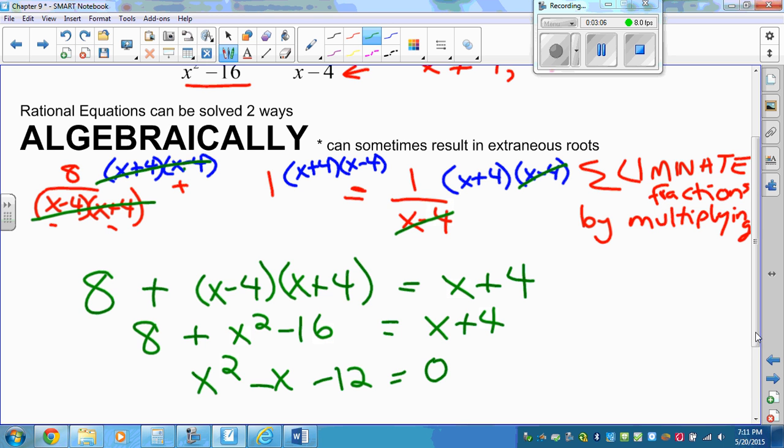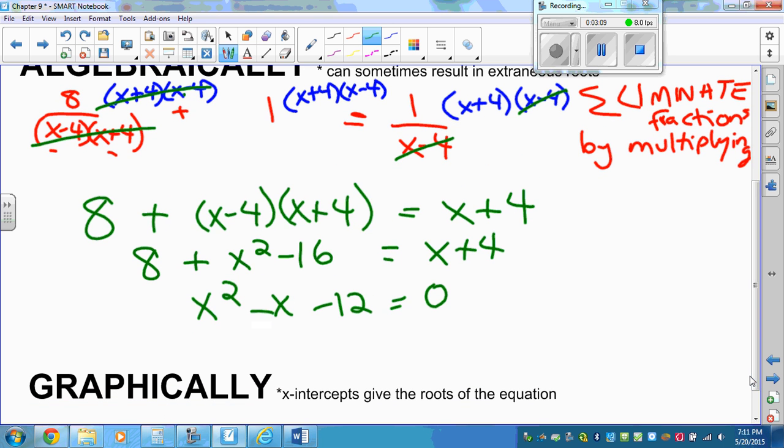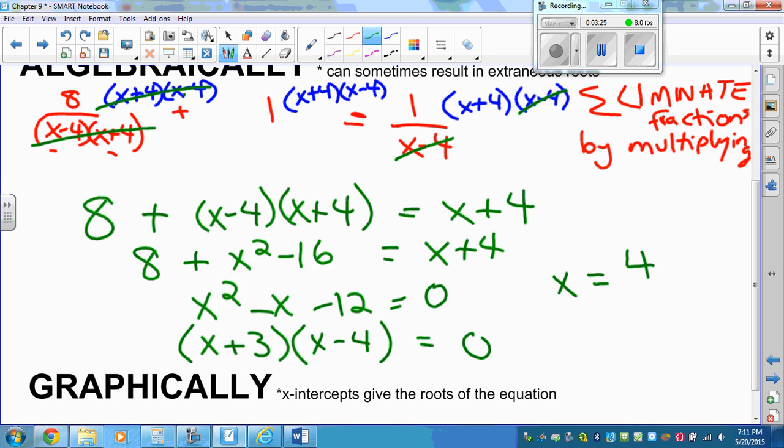Okay, now I need to factor this. I need to find two things that multiply to be negative 12, and they add to be negative 1. Those are going to be negative 4 and positive 3. Solving, I get x is equal to 4, and x is equal to negative 3.